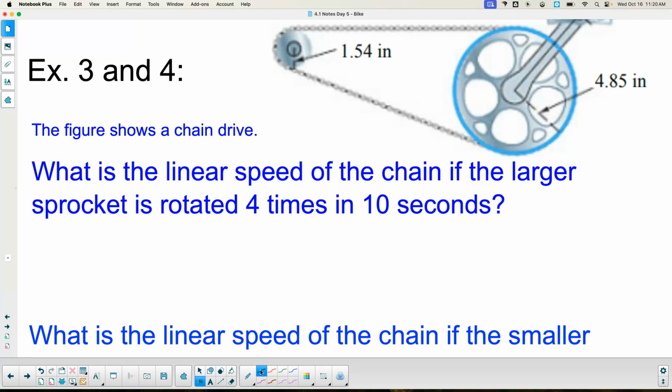So we for sure start with 4 revolutions per 10 seconds. One revolution is 2 pi radians.